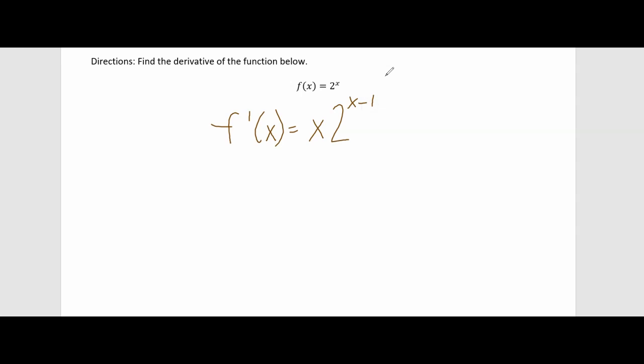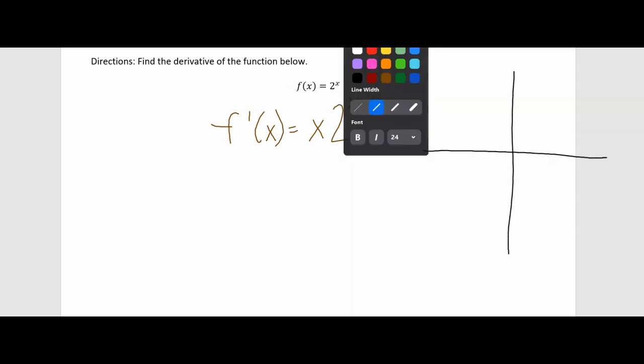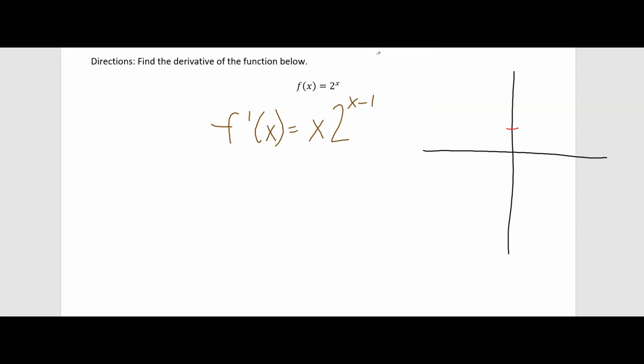Let me give you a quick visual proof as to why. Let's say I just sketch the graph of 2 to the power of x. So it's got that horizontal asymptote on the x-axis and a y-intercept of 1. And the function is always increasing, which means our derivative should always be positive.